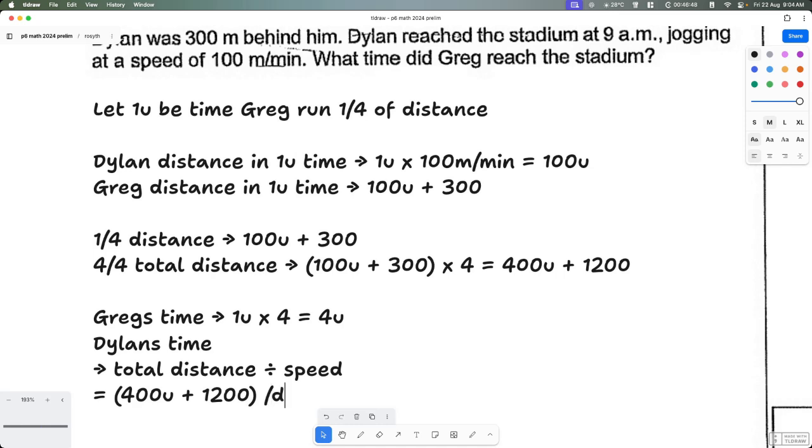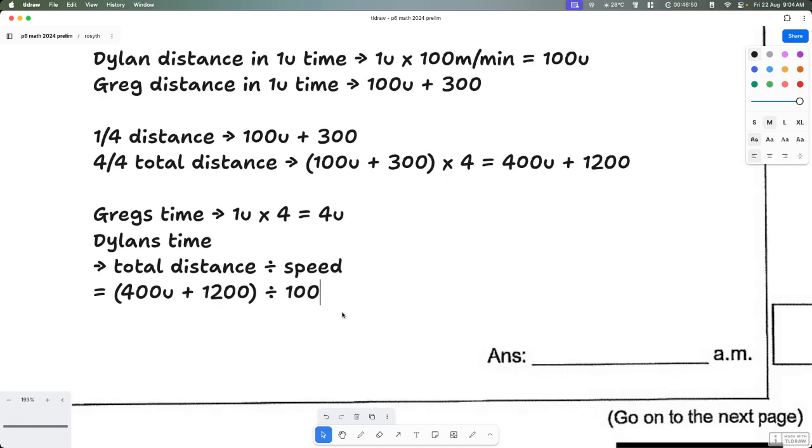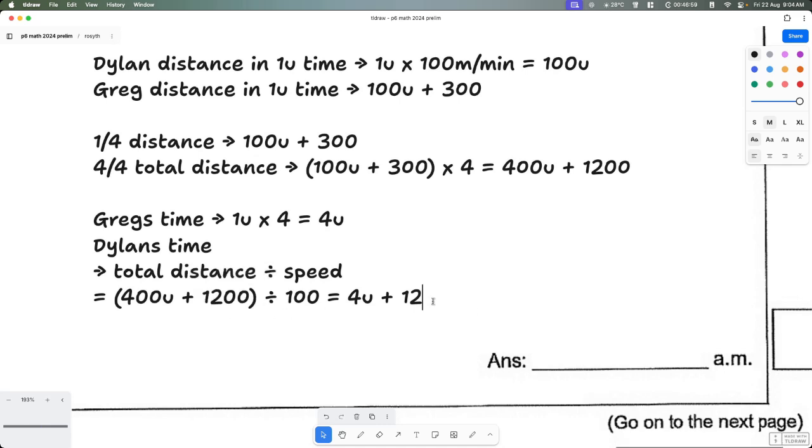His speed was 100. So this will become, pretty straightforward, 4 units plus 12. And this 1200 is basically 12 minutes in this case. So the difference is equal to 4 units plus 12 minus 4 units, equal to 12 minutes.